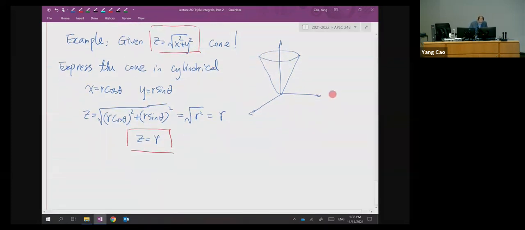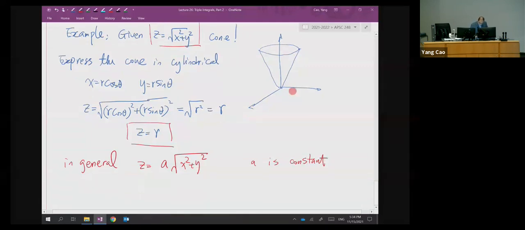Now, in general, if you put a constant, a here is a constant, in front of that square root term, this is still a cone.